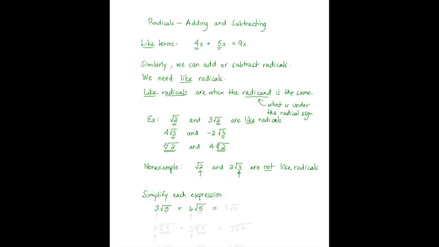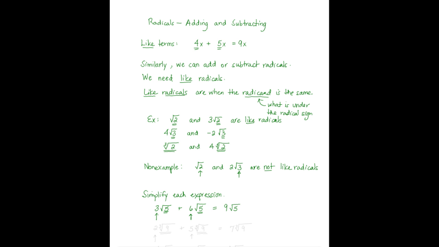You'll notice that the square root of 5 is the same in both expressions. So just like when we add like terms, we're going to add the coefficients in front of the square root of 5's. So 3 plus 6 gives us 9, and we're going to keep the square root of 5 the same.